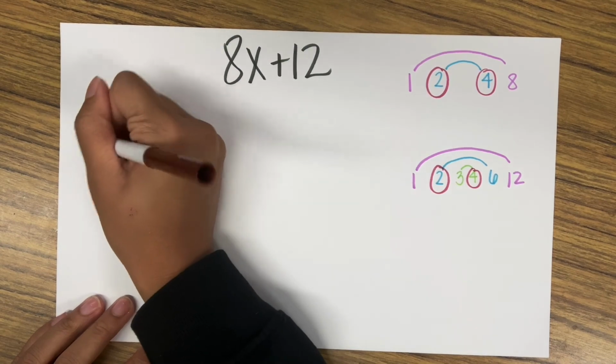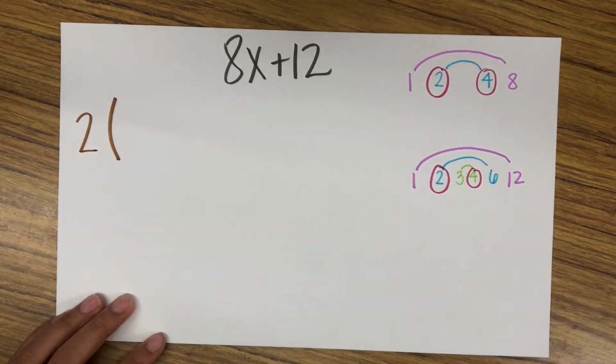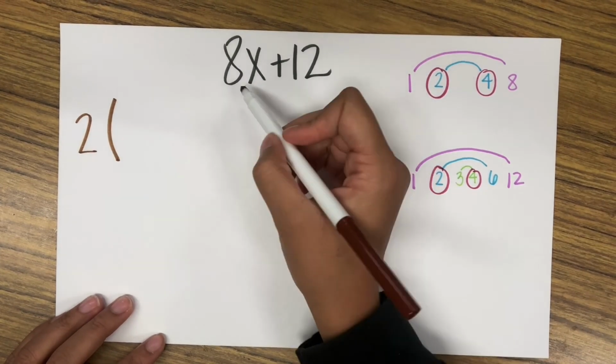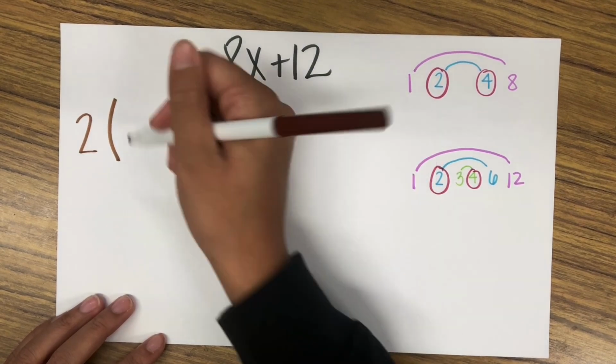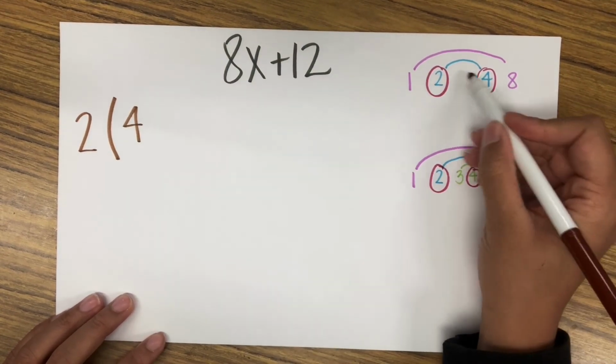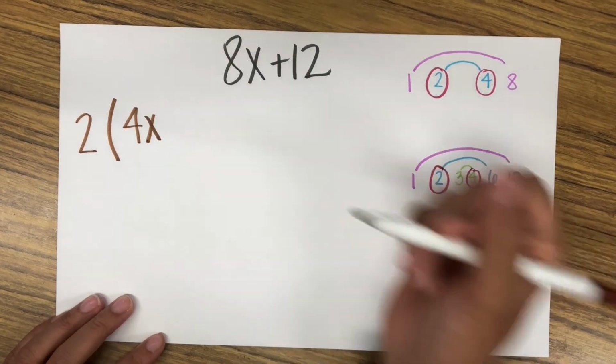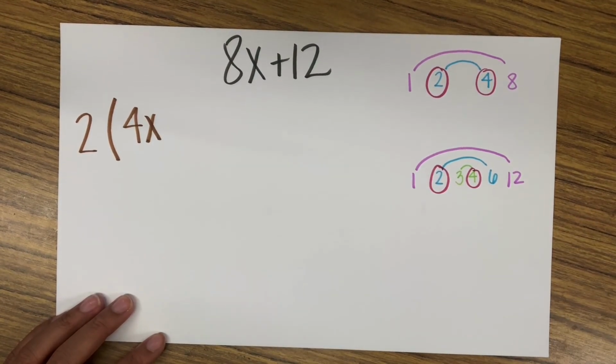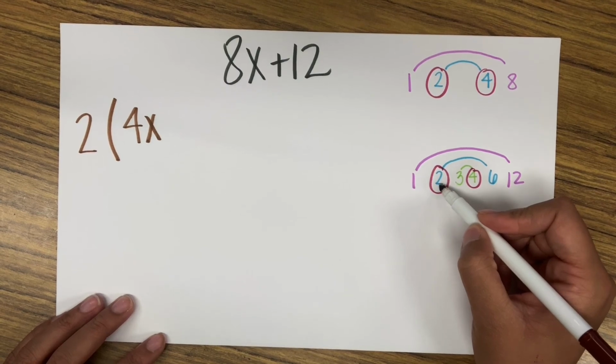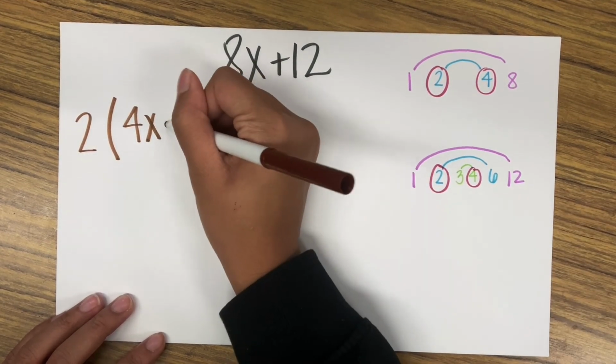So the first one I'm going to do is 2. If I take a 2 out of 8, I'm left with 4. I see that by looking on the other side of the factor rainbow. There's still an x. If I pull a 2 out of 12, I'm left with 6.